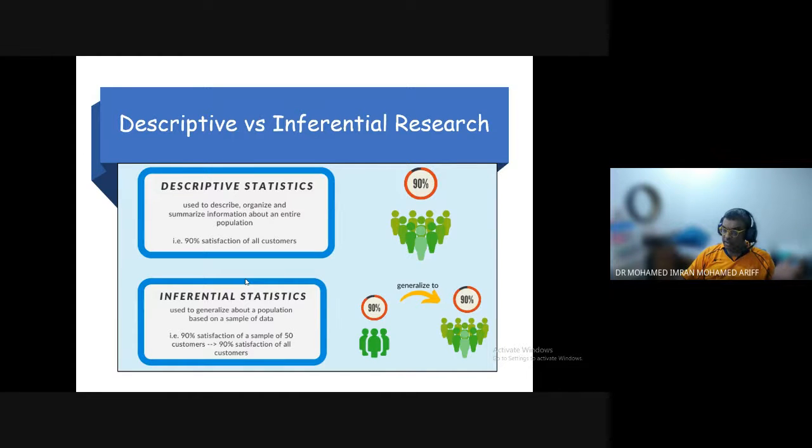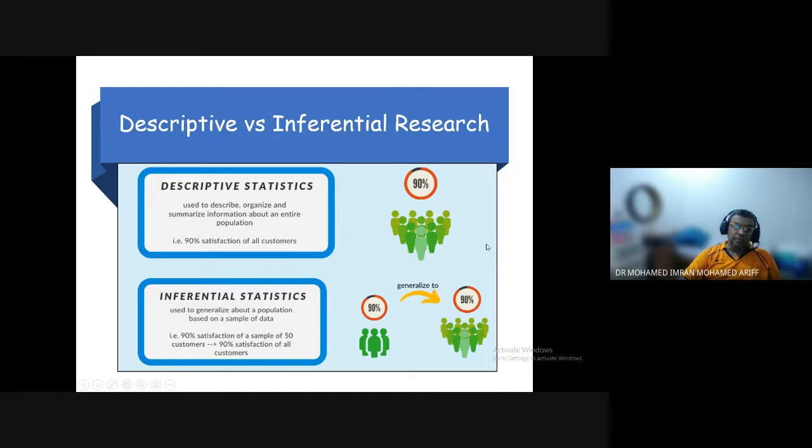Let's say your sample is about 4,000 people, and based on this 4,000, you get 50% are happy, then you can generalize. Boleh macam tu. Okay, so your sample size should be enough to generalize back to the population.